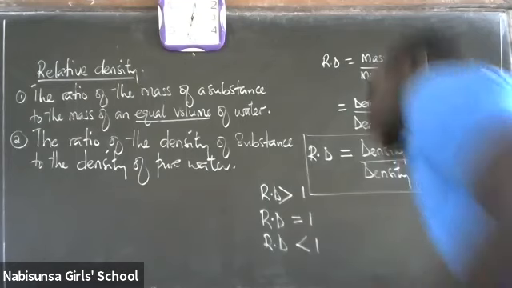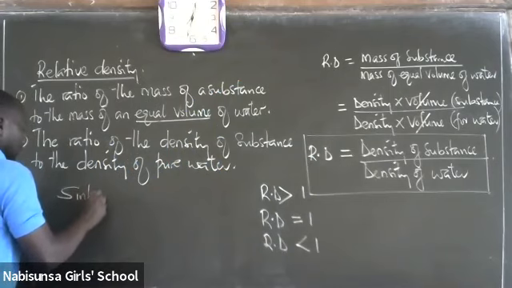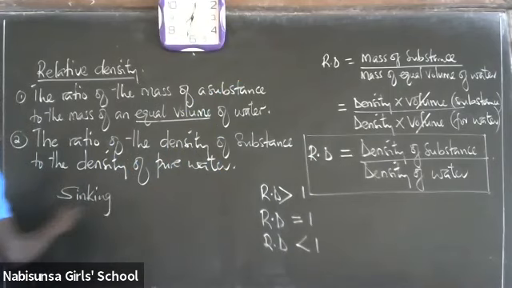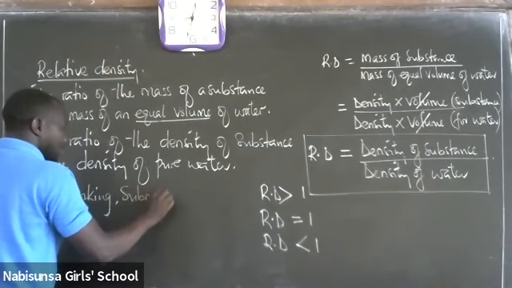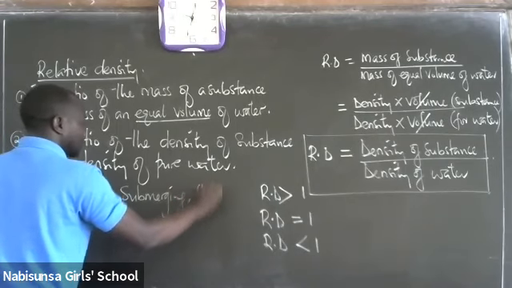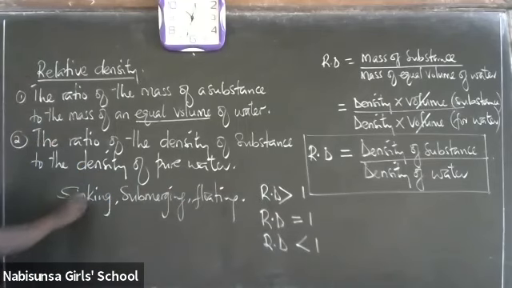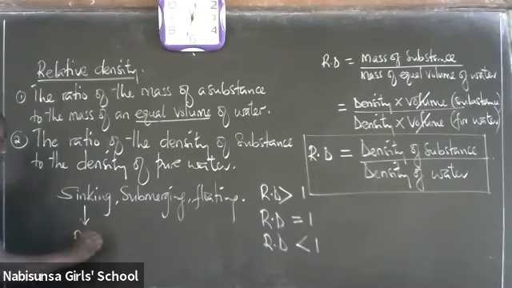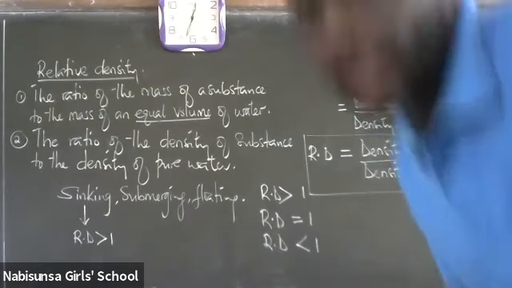We are now talking about sinking, submerging, and floating. A body will sink if its relative density is greater than 1. Are we getting the point here?